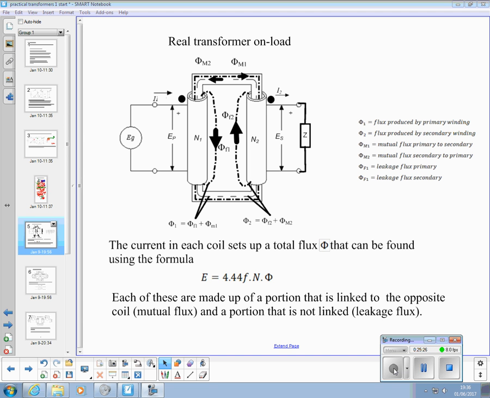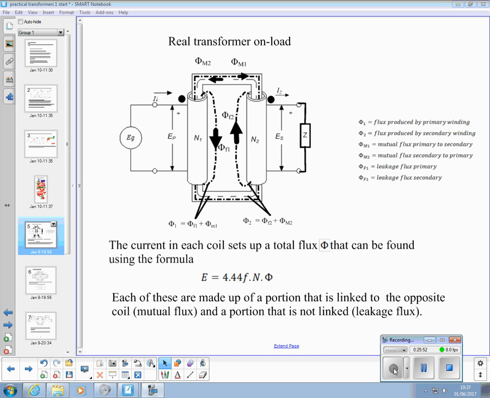So I don't want to get too hung up on that diagram, because all that's saying down here is that the total flux created by the primary is made up of flux that's linked plus the flux that's lost. The total flux in the secondary is made up of the linked flux, take away the flux that's lost to the air.